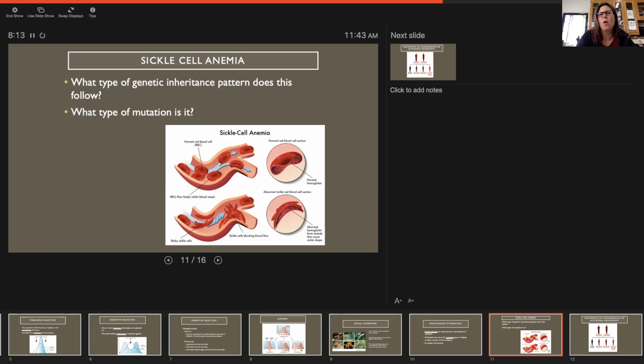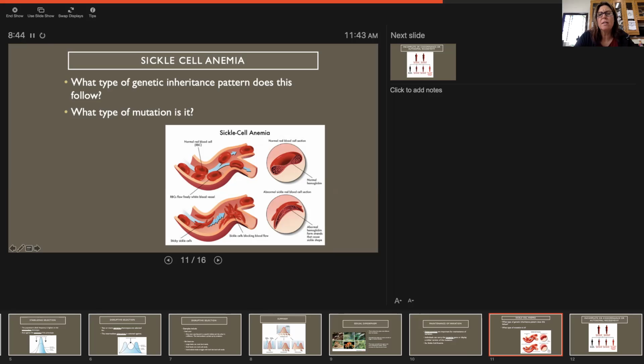So here we have our normal red blood cells. What happens is when oxygen is low, so when you're exerting yourself, it causes this protein that has a point mutation to basically become denatured, and it folds up in a different way, and it causes the shape of the red blood cell to change to the sickle cell.